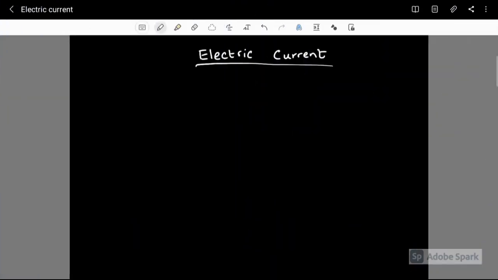Now that we know what polarity is, we know what charges are, we know what electrons and holes are, and we also know what electric charge is. We can now safely define electric current as the rate of change of electric charge.